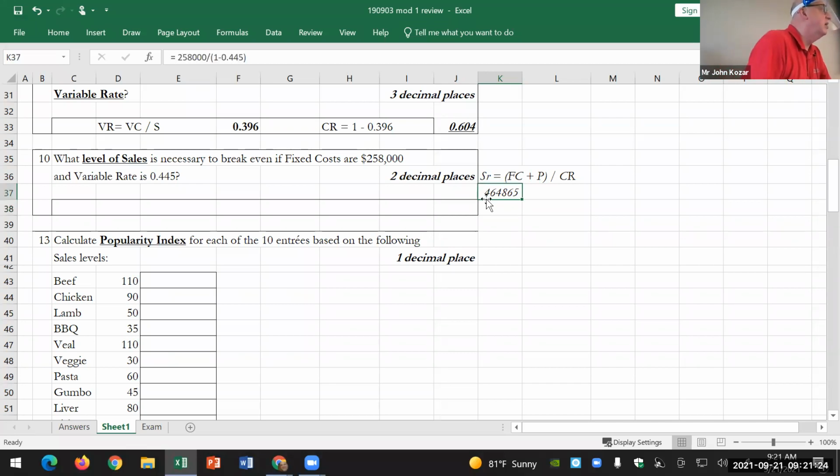Right, and when I did the formula, I just typed it in there.